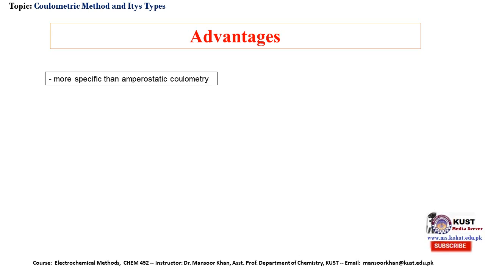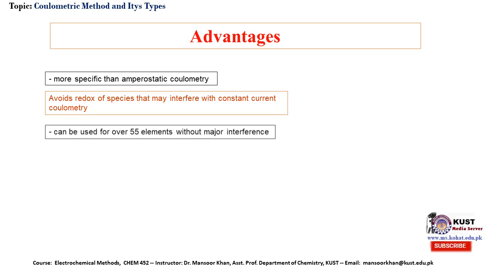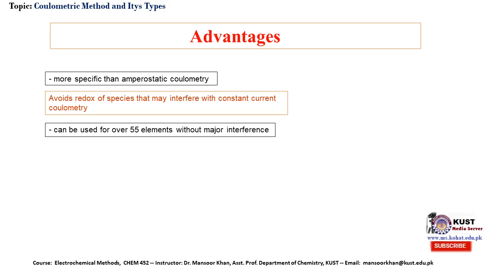In analytical chemistry, most of the techniques are non-specific, or you can say interferences occur in most analytical techniques. It avoids redox of species that may interfere with constant current coulometry, so it can be easily specified. It can be used for over 55 elements without major interferences.